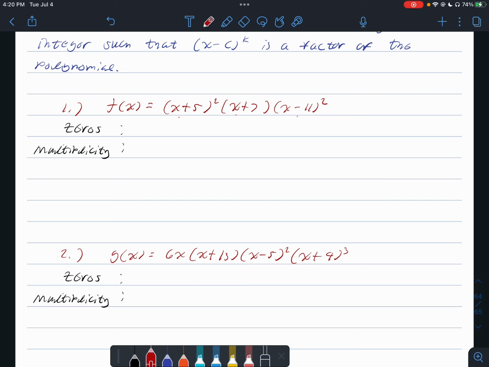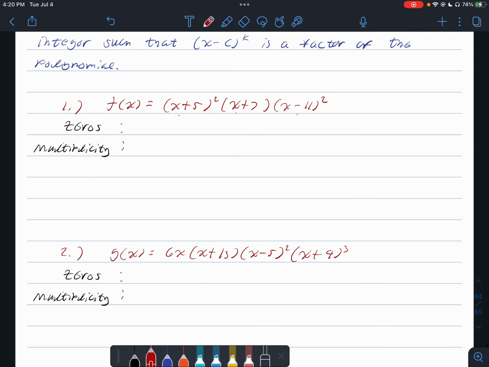The multiplicity of each of these zeros is the exponent. If there is no exponent, you can just think of putting a 1 there. It means there's one of them.